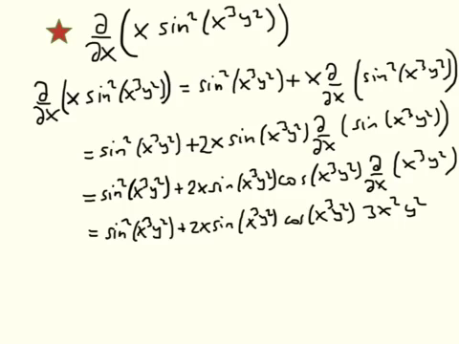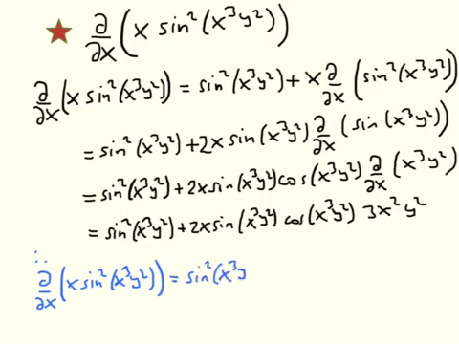So putting it all together, we have that the derivative with respect to x of brackets x sine squared x cubed y squared is going to be, the first term was sine squared of x cubed y squared.